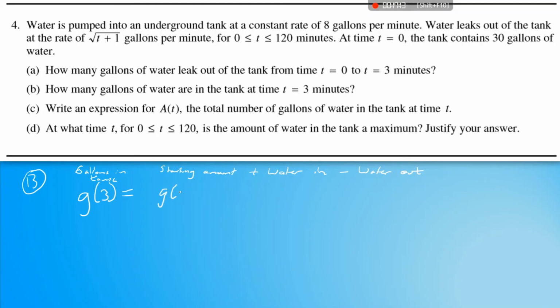I'm going to write a general form first. This is G at 0. And then I'll go down here and write 30 for the next line.